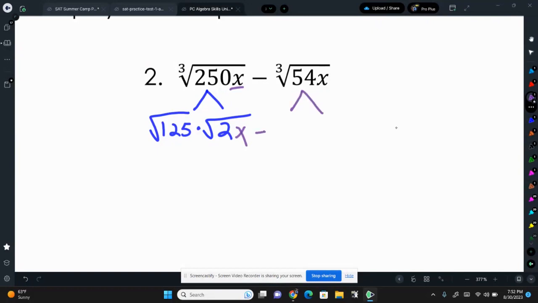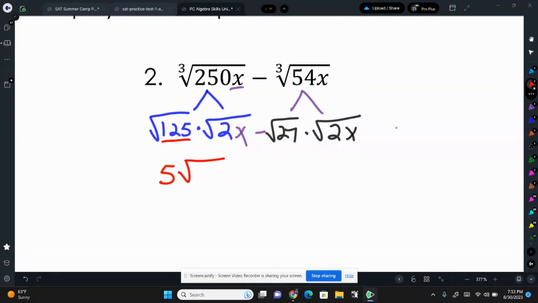Minus, well, let's break up 54. 54, if we divide that by 27, because 27 is a perfect cube, then we are left with 2x, because 54 divided by 27 is 2. The cube root of 125 is 5.